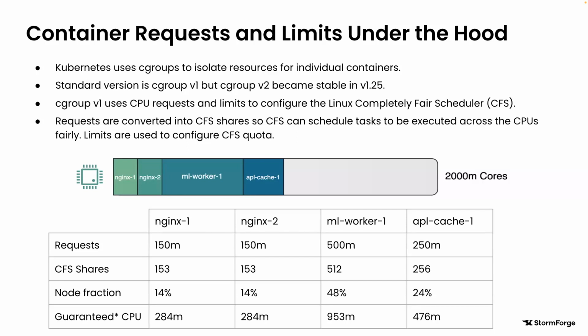I'm going to focus on how it works for v1 just because it's the standard and it's the one I know, because I haven't looked at the new one in as much detail yet. So cgroup manages the CPU and the memory. I'm going to focus more on the CPU. Inside cgroup, there's something called the CFS, the completely fair scheduler, which decides how different processes get access to the CPUs on the node.